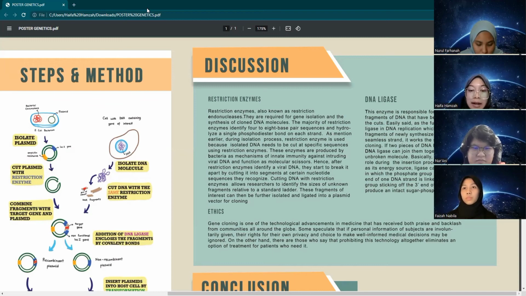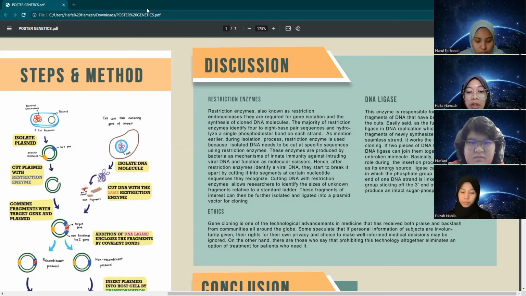Okay, let's start. Restriction enzymes, also known as restriction endonucleases, are required for gene isolation and the synthesis of cloned DNA molecules. So basically, how it relates to this subtopic is that it is used in the isolation process.